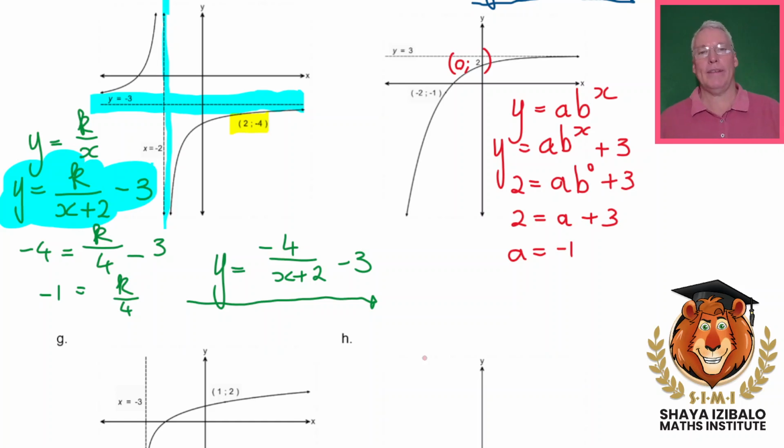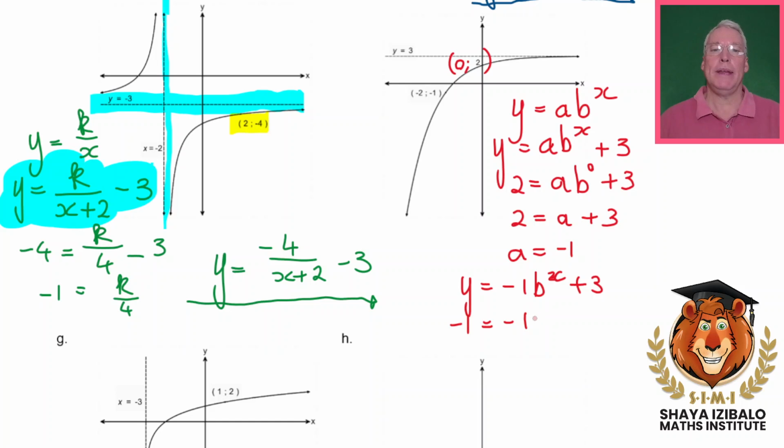Okay, next thing and last thing we're going to do is we're going to substitute in the other point into this equation. -1 times b to the x plus 3. Now we're going to put that point in, and that's -1 is our y value, equals -1 b to the -2 plus 3.